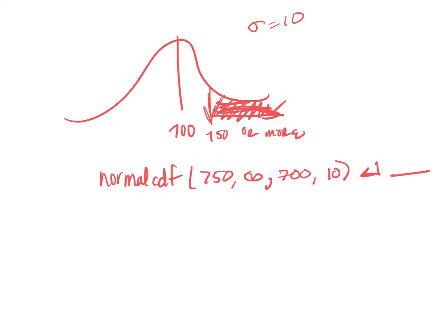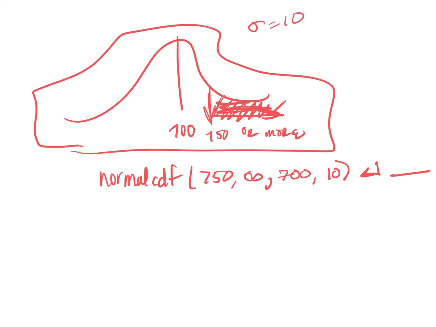Well, what if I said, what's the probability, with this population, that instead of just finding a single one that was 750 or more, I wanted to find out the average of 25 was 750 or more?